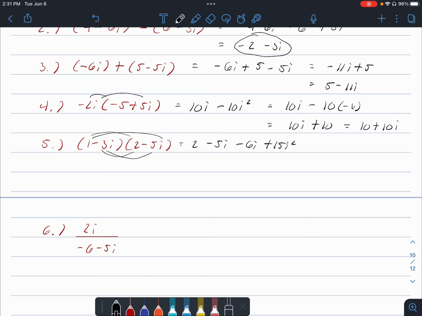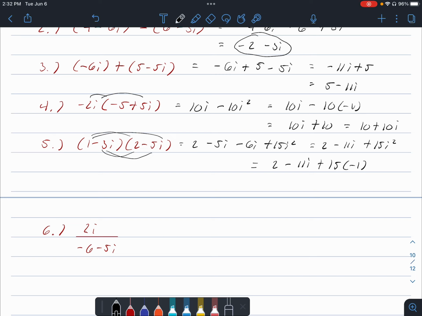All right? Let's combine like terms. So we have 2 minus 5i minus 6i. So this is 2 minus 11i plus 15i squared. But remember, 15i squared is just 15 times negative 1 because i squared is negative 1. So we have 2 minus 11i plus 15 times negative 1.